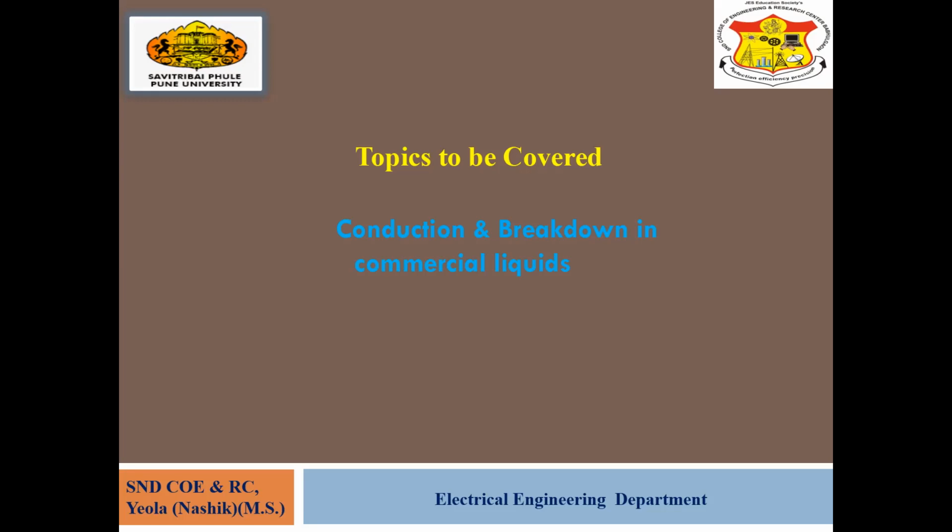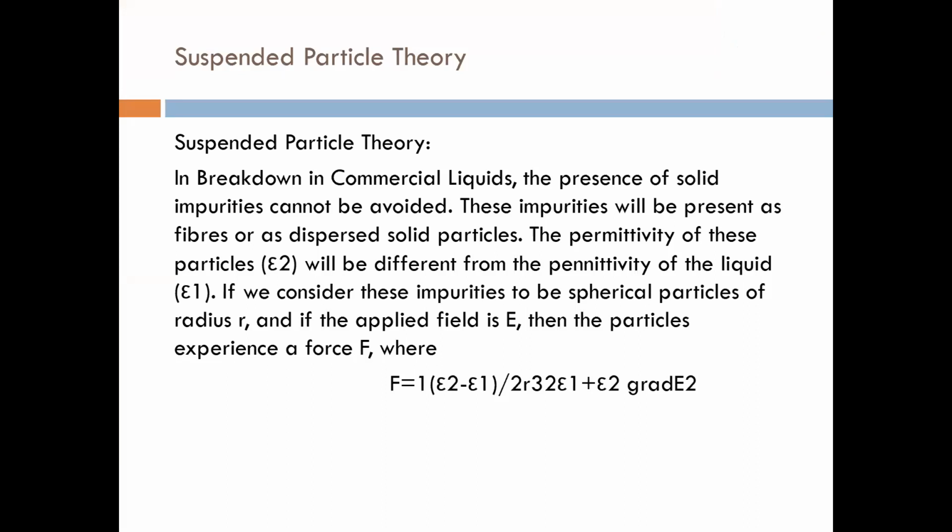What is the difference between the suspended particle theory and the cavitation and bubble theory? The difference is that suspended particle theory is applicable when epsilon 2 is greater than epsilon 1, and cavitation and bubble theory is applicable when epsilon 2 is less than epsilon 1.